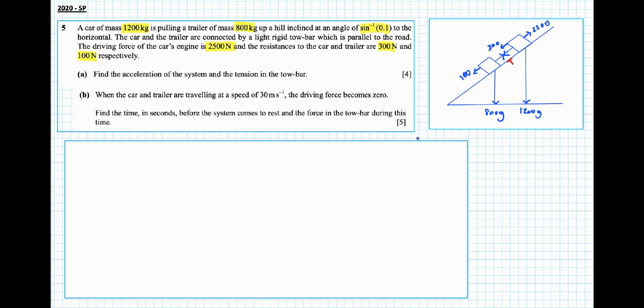We start again, the same idea of putting our equations together. So we have an inverse sine of 0.1, and we'll just set up now the parallel or perpendicular components. The sine value is 0.1, so for that component parallel to the slope, we will be using that. So just make note of it and make sure it's clear.